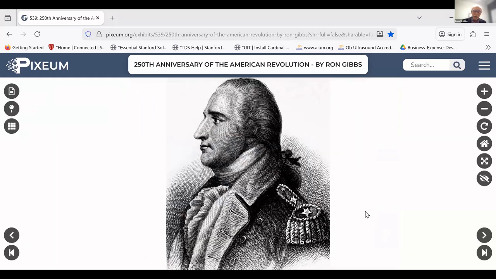And here is that American hero turned traitor from Connecticut, a bold battlefield leader, but he also felt overlooked and underappreciated, and his name is none other than Benedict Arnold, a household name for traitor.